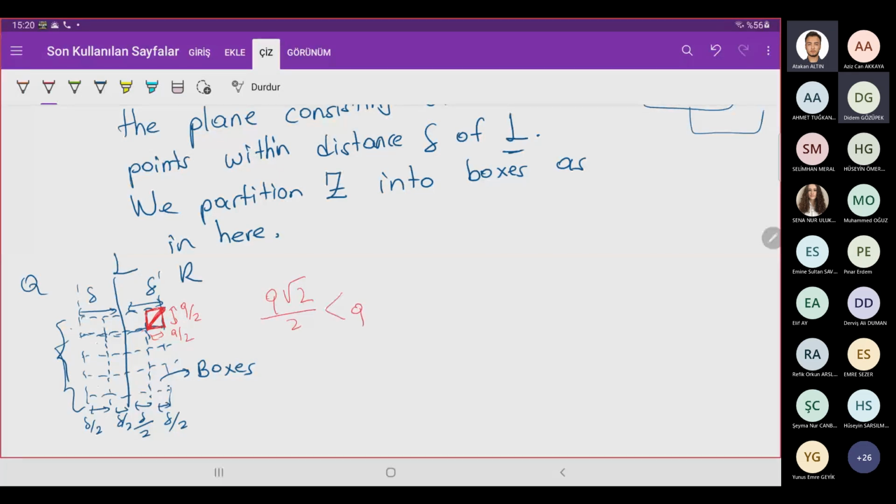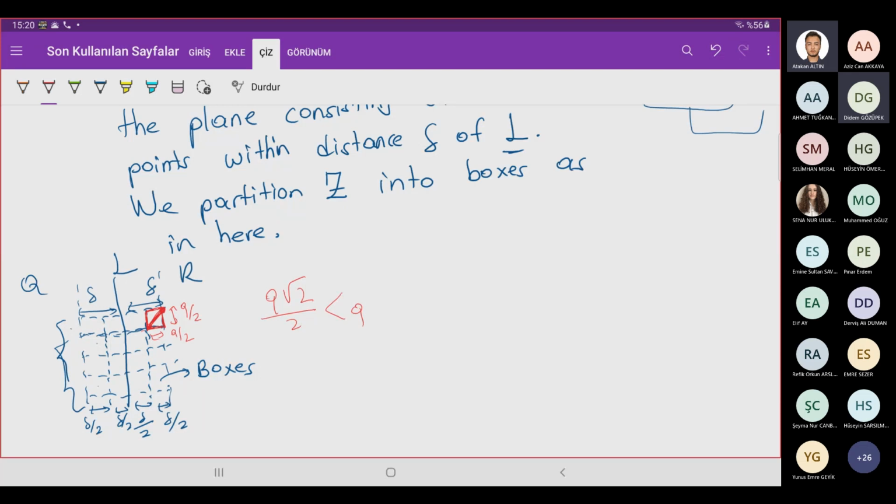But what was delta? This square is in region R. Both of these points are in region R. But how did I define delta?